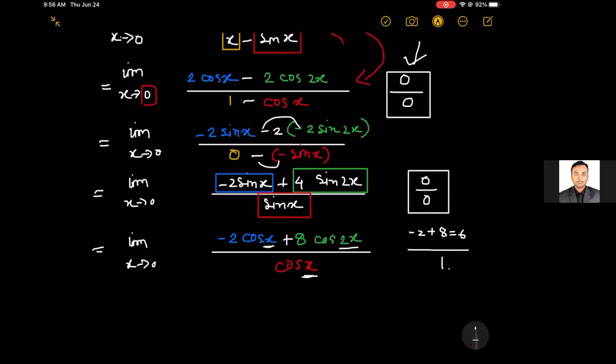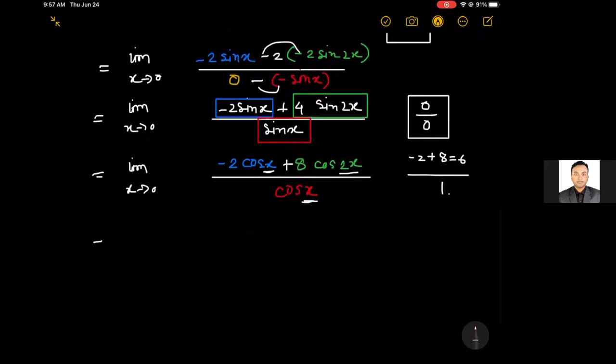Whenever we have this format, a defined value which we can determine, we have to stop. We can't use the L'Hopital rule once more. So now we'll just plug in x equals 0 and get our desired result, which is 6. That's our answer.